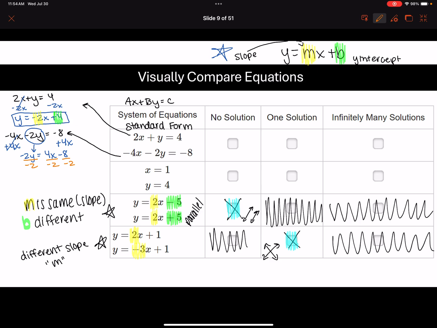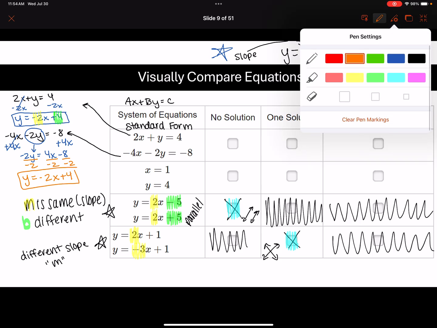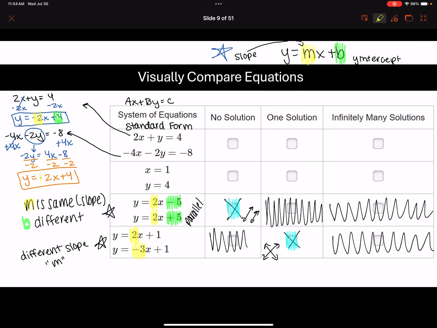There are also more problems in this lesson where this will come up, so don't worry yet. So I've got y equals 4 divided by negative 2 is negative 2, and negative 8 divided by negative 2 is positive 4, because a negative divided by a negative is a positive. So I've got a slope of negative 2, and my y-intercept is positive 4.